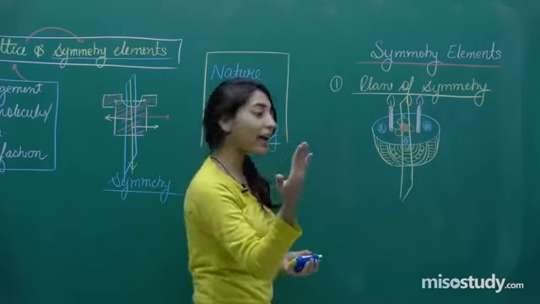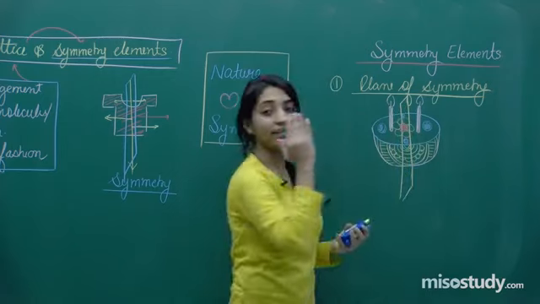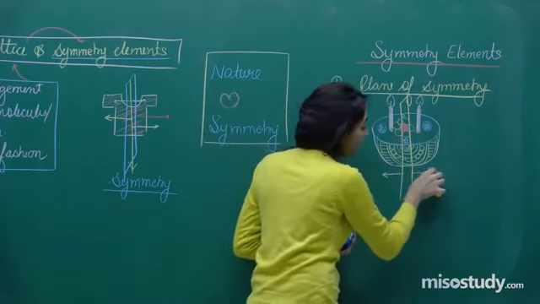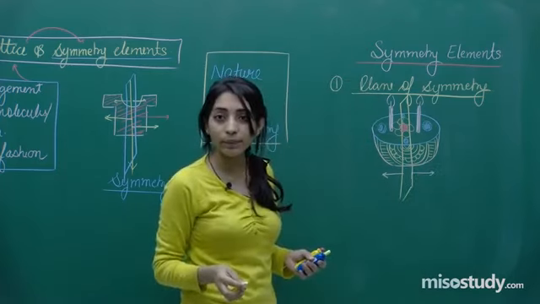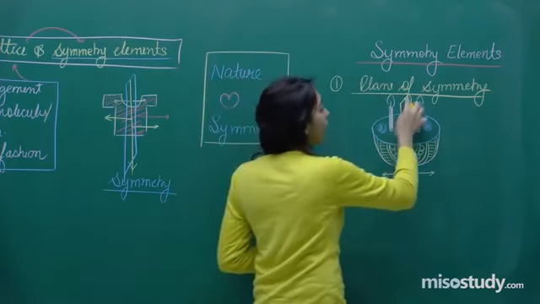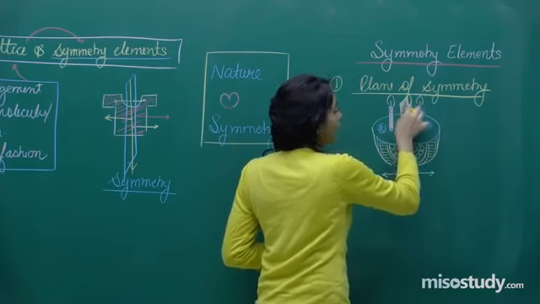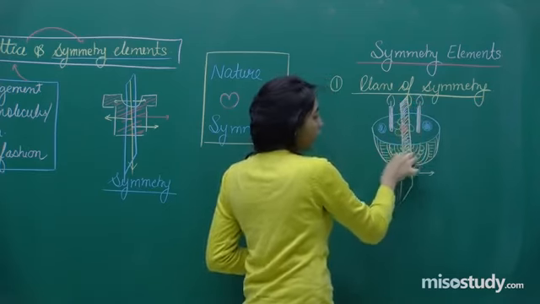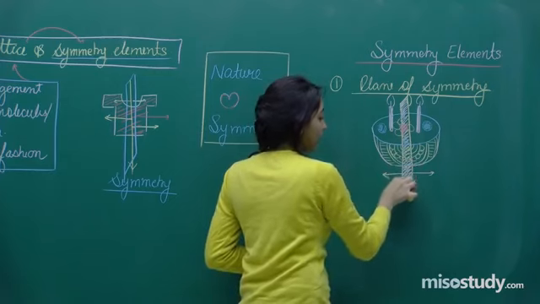So that is a knife. I am cutting the cake exactly from the center. Then don't you think this half and this half look exactly the same? So these two halves are exactly the same. Look at the plane that I am highlighting.